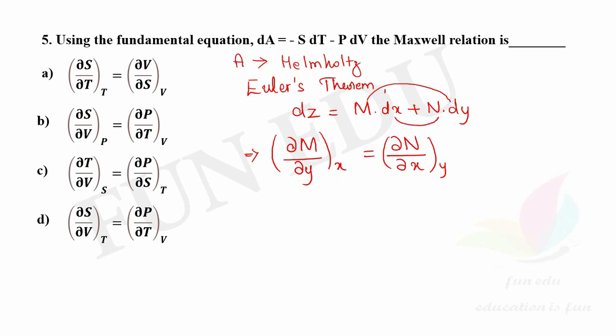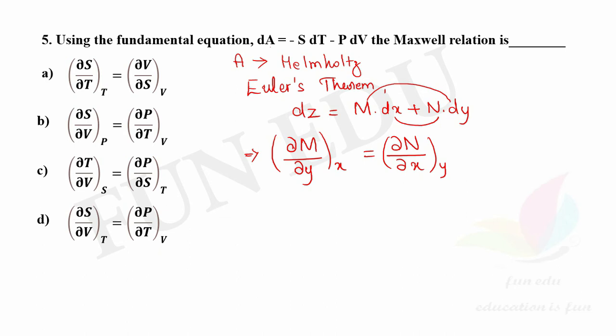So differentiation of m with respect to y and differentiation of n with respect to x. Since here you are differentiating m with respect to y, x will remain as a constant. So delta m by delta y will be at constant x, that is equal to delta n. So n is with respect to x. So delta n by delta x at constant y. Okay, y will remain as a constant parameter.